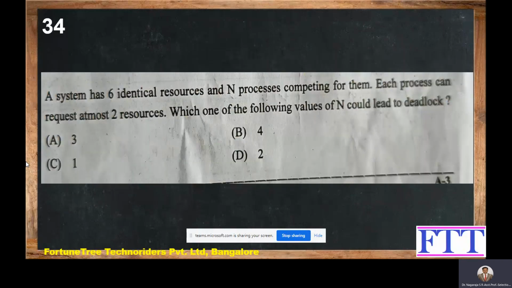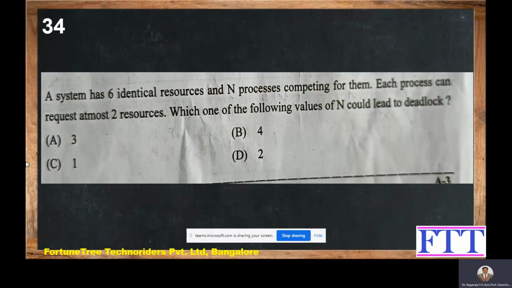34th question. A system has 6 identical resources and n processes competing for them.